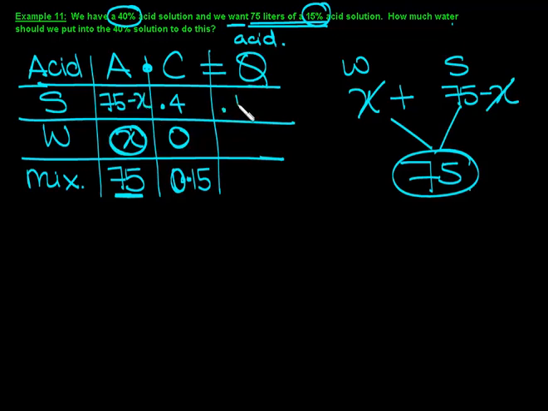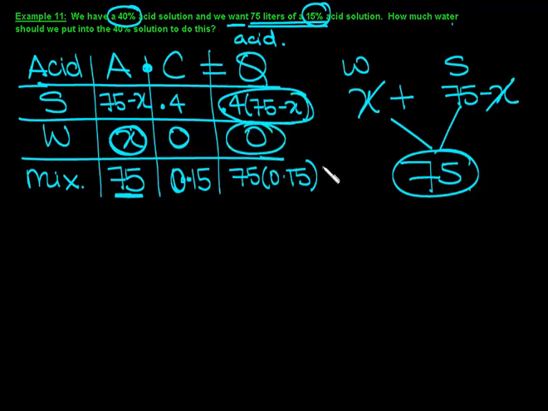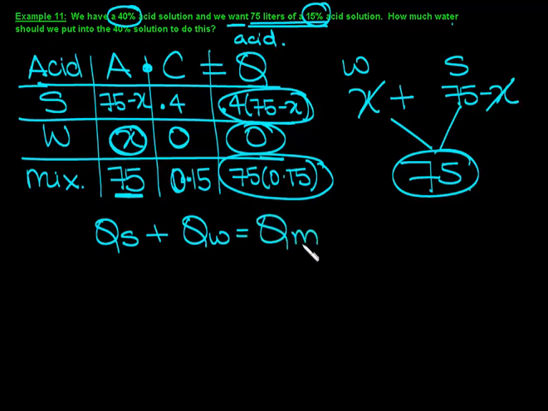So now to find the quantity, we just multiply the rows. X times 0 is just 0. With the mixture problem, the last column always gives you the equation, because the quantity of acid in the solution plus the quantity of acid in the water should give you the quantity of acid in the mixture.